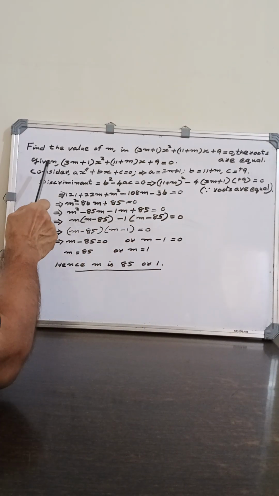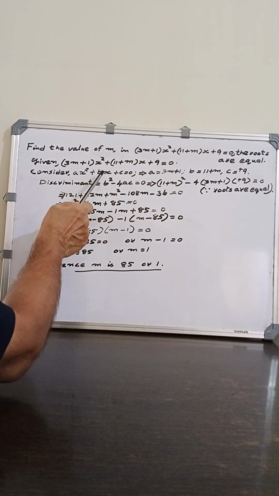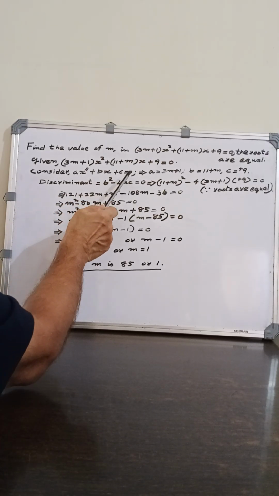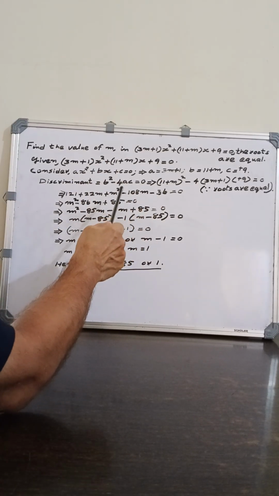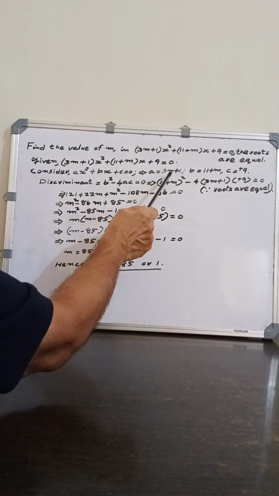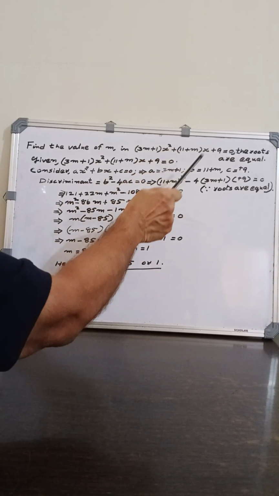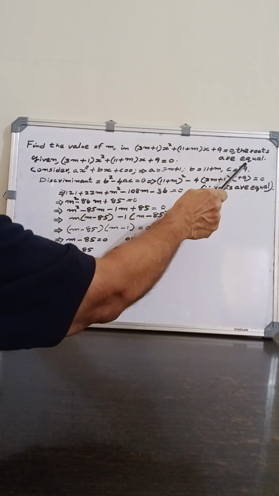That is, we consider ax² + bx + c = 0, the standard form of the quadratic equation. Therefore, we can classify a = 3m + 1, b = 11 + m, c = +9.